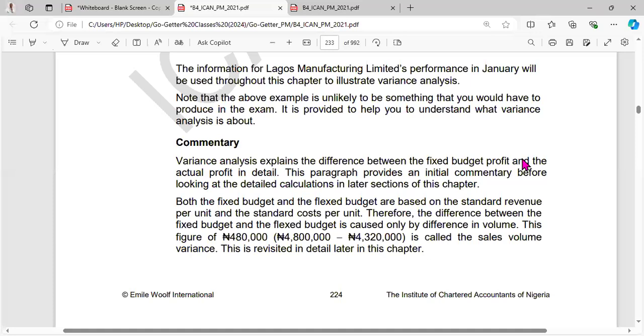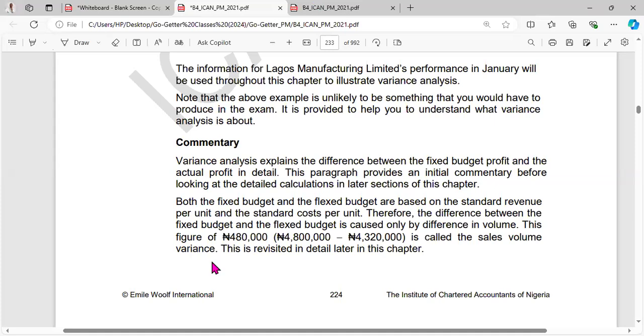So our budget is done using standards per unit. Standard is for 1 unit, and budgeted is just your standard multiplied by your level of activity. So for the fixed budget, production is 1,000 units, and for the flex budget it is just 900. Therefore, the difference between the fixed budget and the flexed budget is just caused by difference in volume.